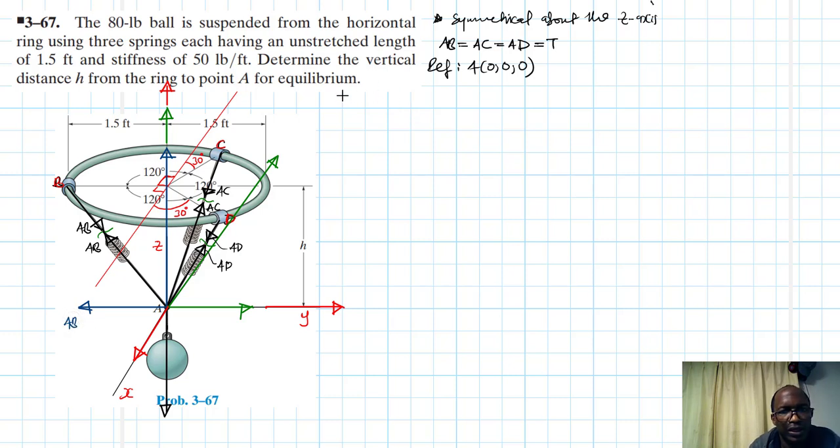We didn't find the length, so length AB is equal to length AC, which is equal to length AD, which is equal to L, which is equal to the square root of h squared plus the radius of our ring, which is 1.5, so 1.5 squared.